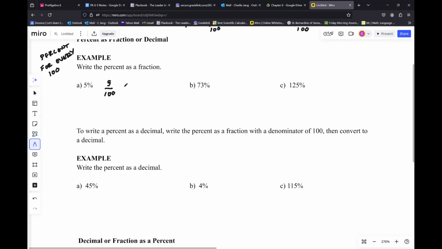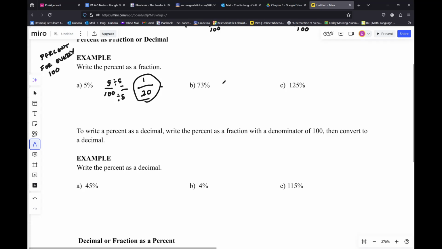So whatever the percent is, I'm going to write it over 100. Now, 5 over 100 is the fraction that we have. Can I simplify it? Remember, we always want to simplify fractions, and the answer is yes, I can simplify this. I can divide the top and bottom by 5, and I get 1 over 20. So this is the final fraction. So 5% equals 1 over 20 as a fraction.